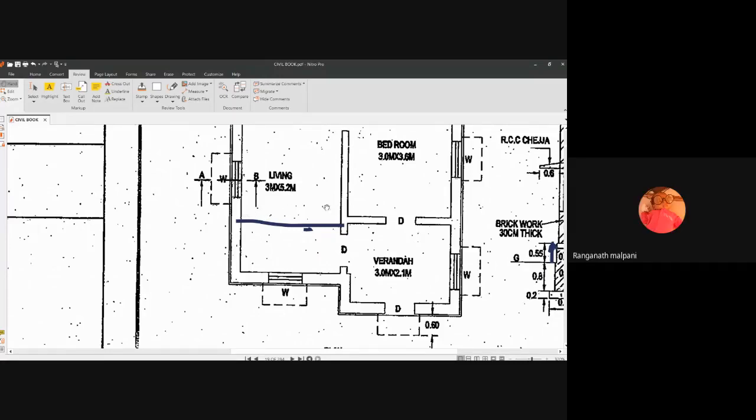This 3 plus 0.3, how much? 3.3. Correct, no? We are taking outside, 3.3. From here it is 3. From this to this it is plus 0.3, the thickness of the wall. How much? 3.3, sir. Very good.